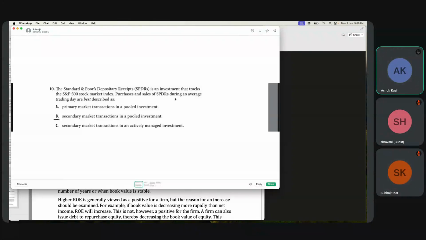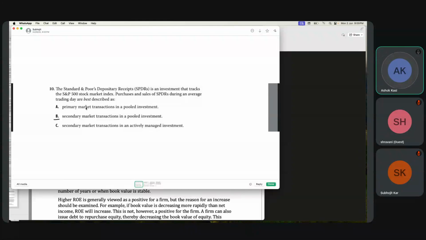Purchase and sales of spider during an average trading day are best described as: primary market transactions, secondary market transactions, pooled investments, or actively managed investments.